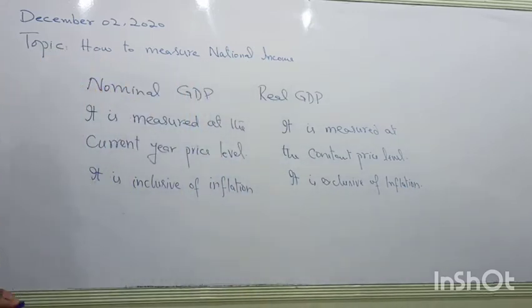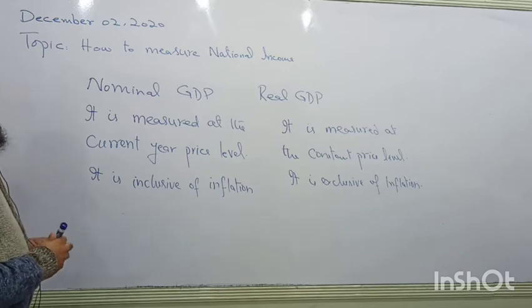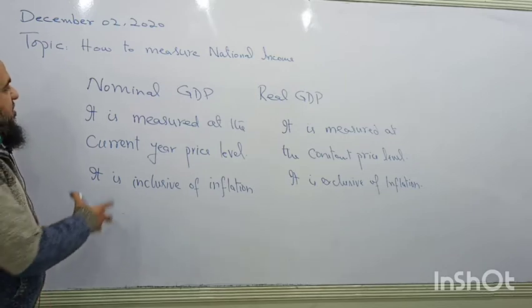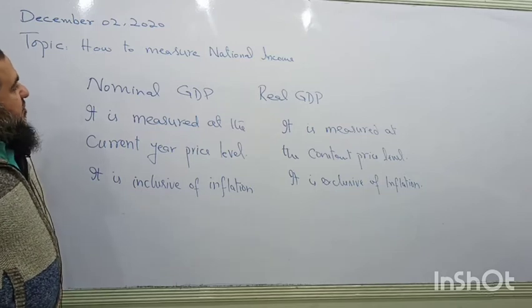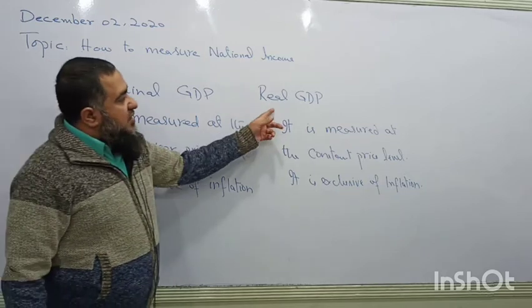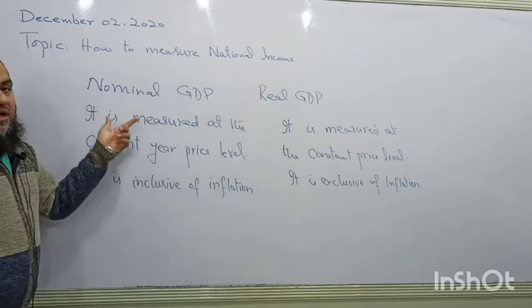So real GDP does not have the element of inflation in it, and nominal GDP has the measurement of inflation as well. It is including inflation.